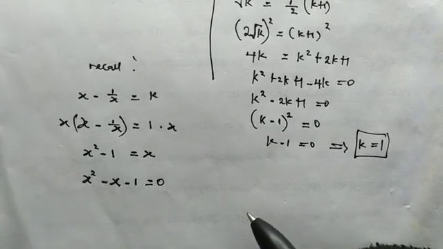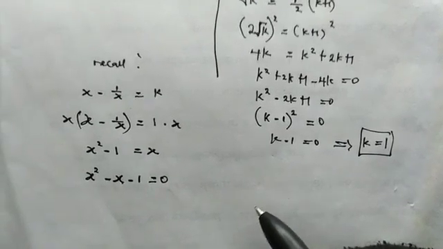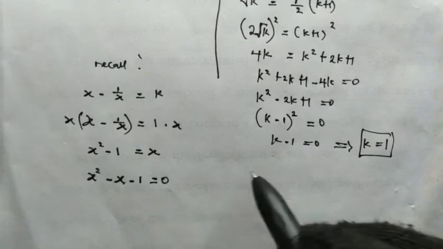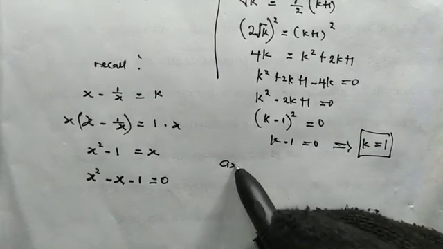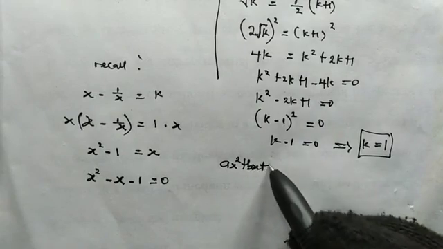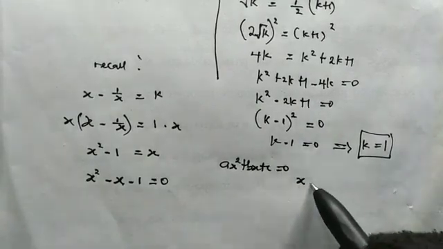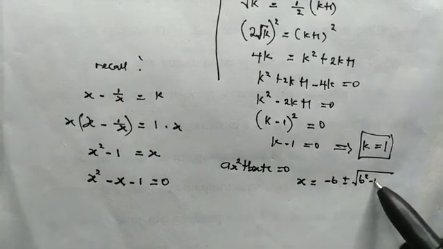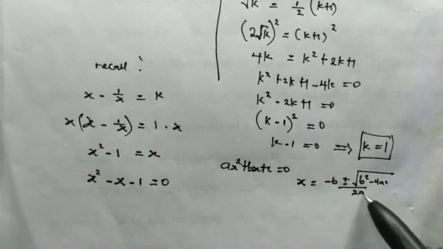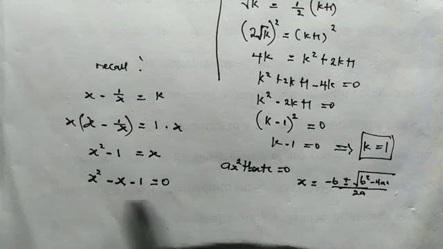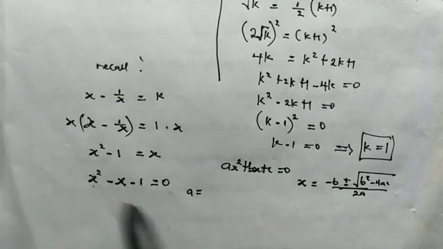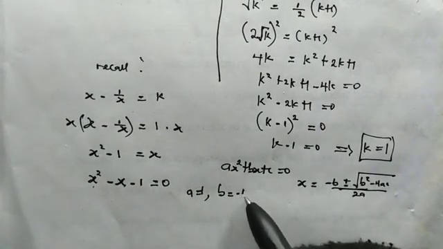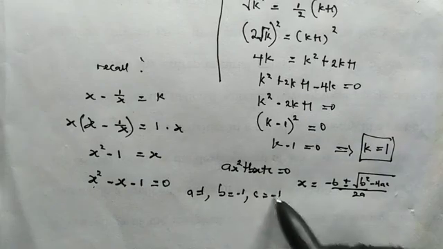So from here we're going to use the general quadratic formula, or the Brahmagupta general quadratic formula, that is when we have the general form of any quadratic equation. So the solution is given as negative b plus or minus the square root of b squared minus 4ac over 2a. Notice that in this equation, a is the coefficient of x squared, which is 1, b is the coefficient of x, which is negative 1, and c, the constant, is also negative 1.